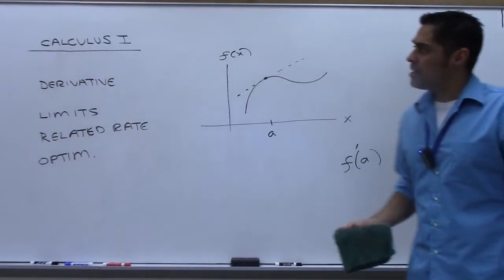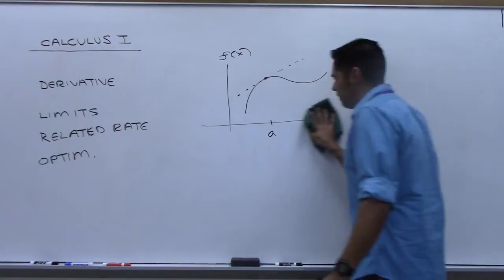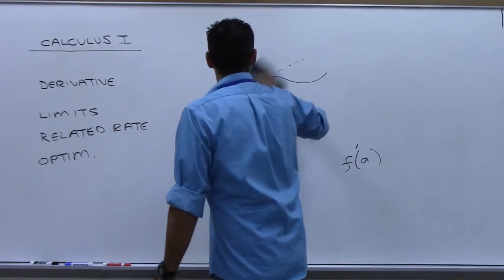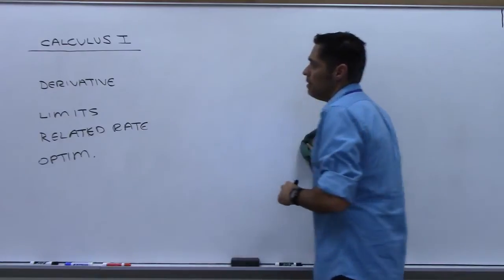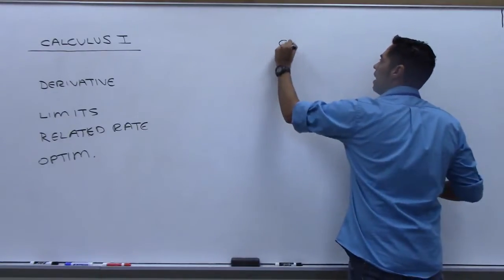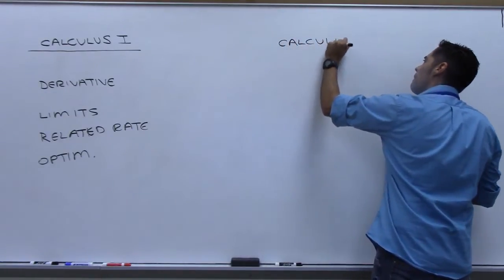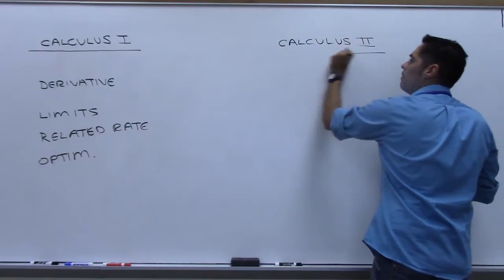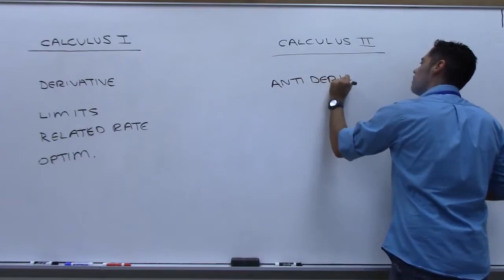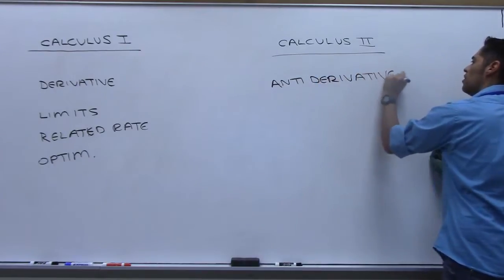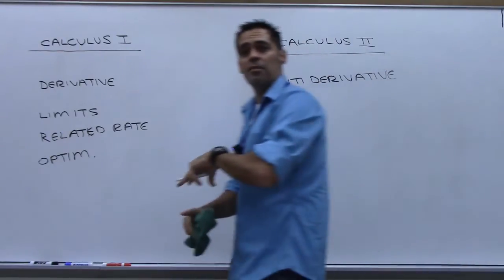So what is Cal 2? Well, if in Cal 1 we brought up the idea of the derivative, in Cal 2 we're going to have the antiderivative, which is going to be the reverse process of taking a derivative.